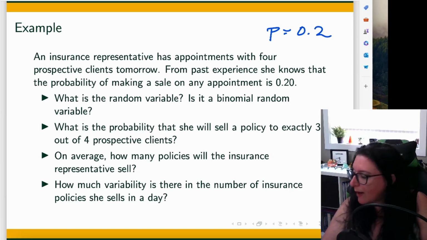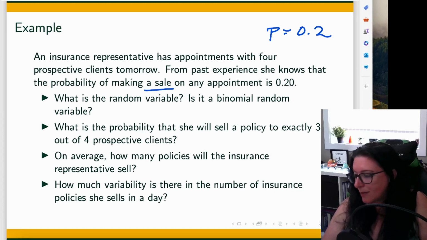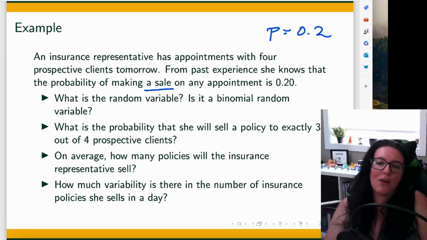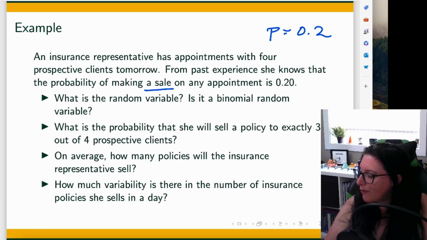The random variable is a sale, and either a sale is made or is not made, so it's a binomial random variable with 2 possible outcomes. Each time there's a 20% chance of a sale, that probability doesn't change, and each sale is separate and independent, so we could find the probability that x equals 3.